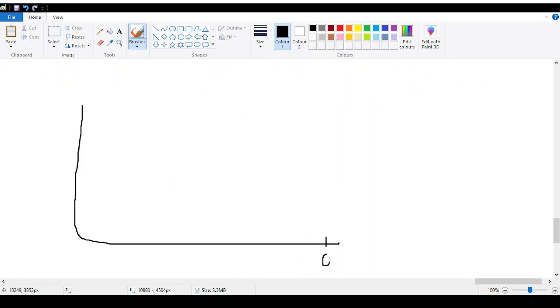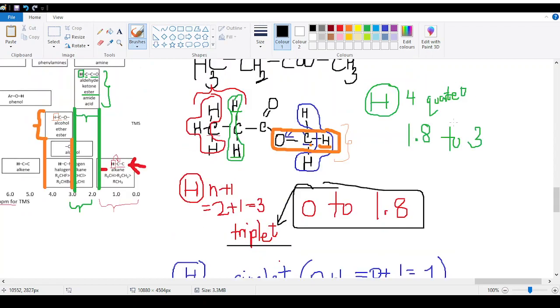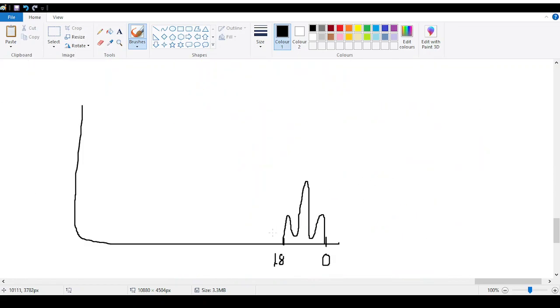So in the graph from 0 to 1.8, you can expect a triplet. A triplet is something like this. Please disregard my rough sketch, it's not accurate. After 0 to 1.8 is this one, right? From 1.8 to 3, we can expect a quartet. A quartet looks something like this.